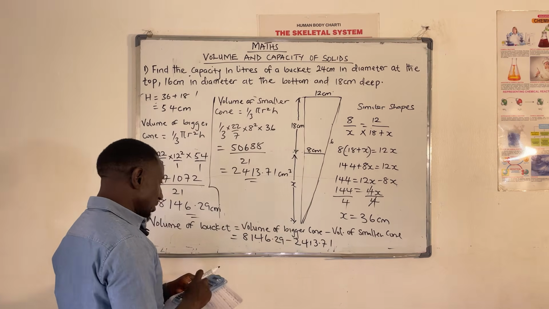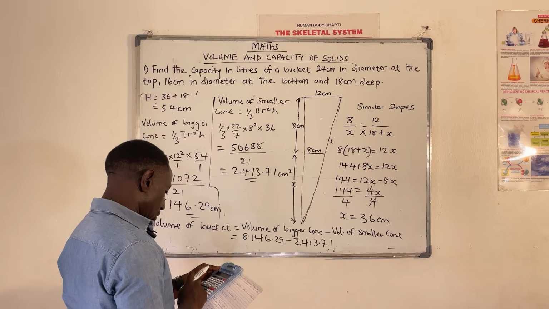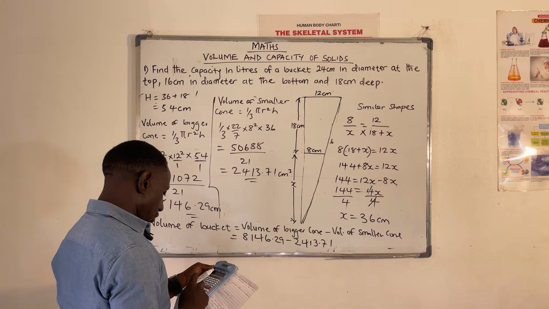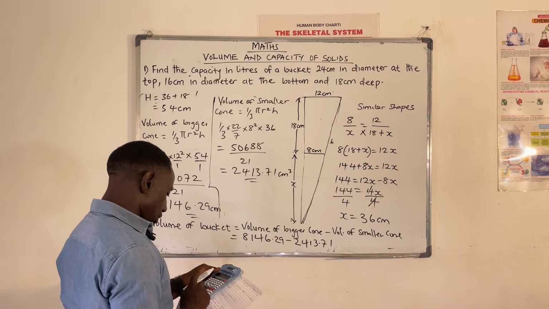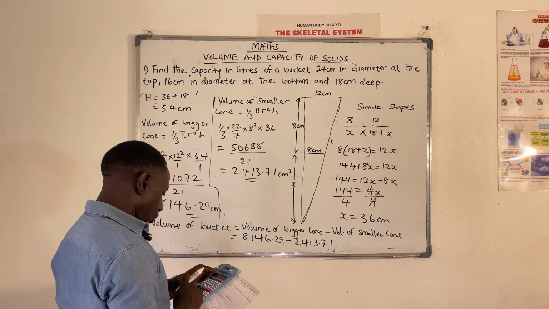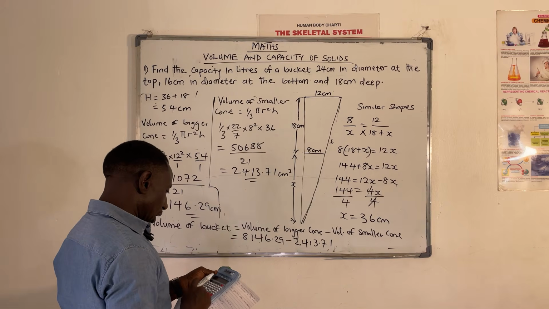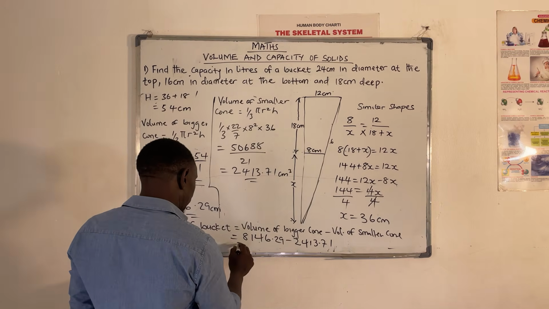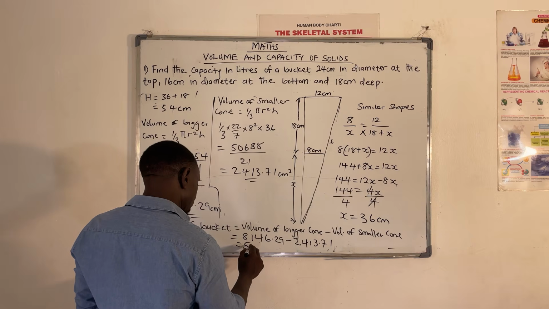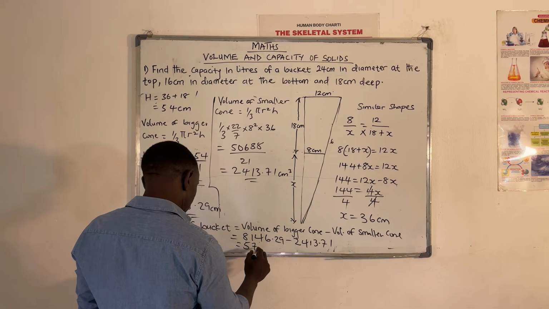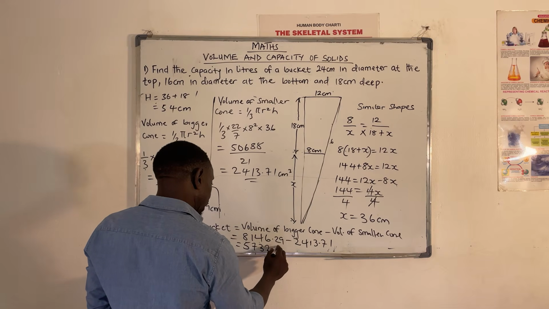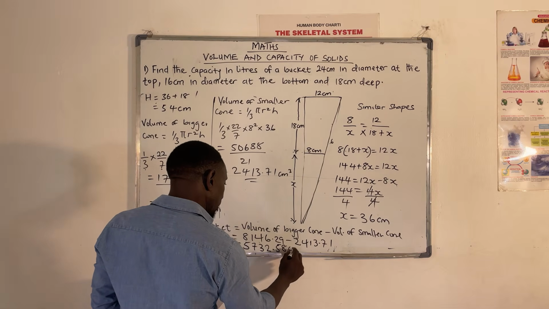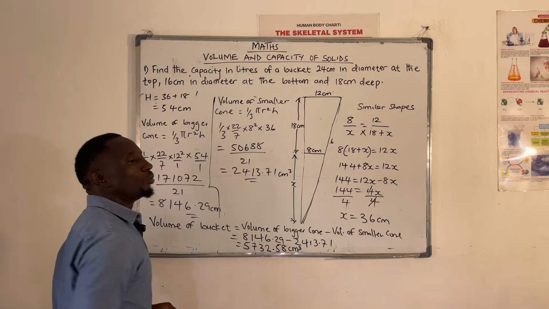So when you subtract, we have 5732.58 centimeter cube. Now this is the volume of the bucket.